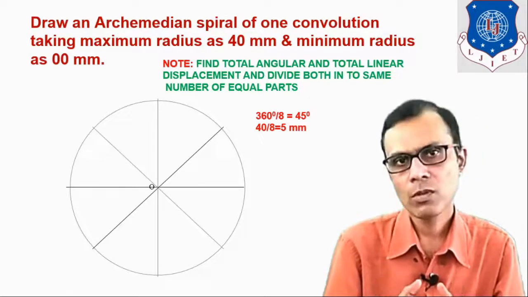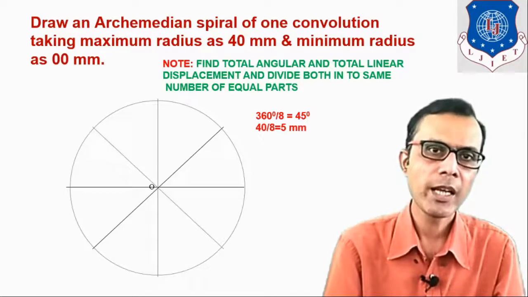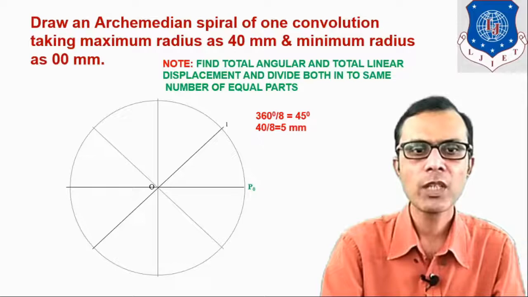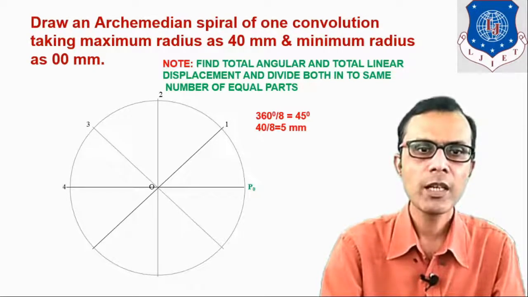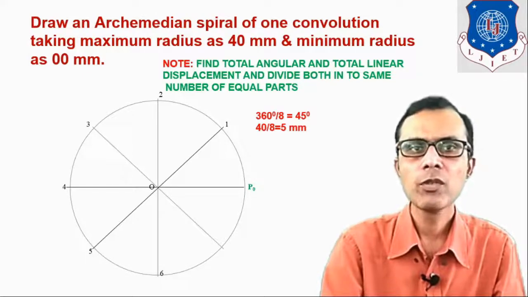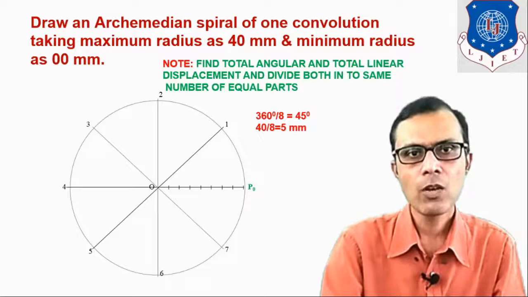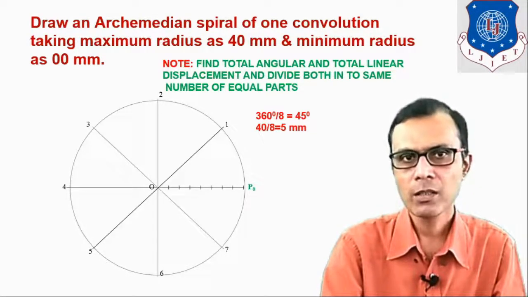So we have to notify the division numbers in anti-clockwise direction. So let us now give the notations for the division in anti-clockwise direction. Starting from 1 till 8, we have to give the numbers for the division. Now divide the OP0 into 8 equal parts.